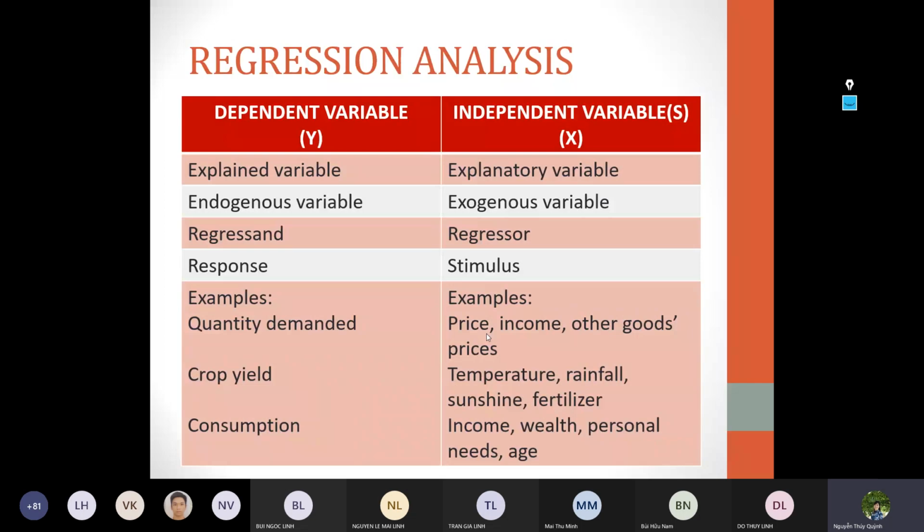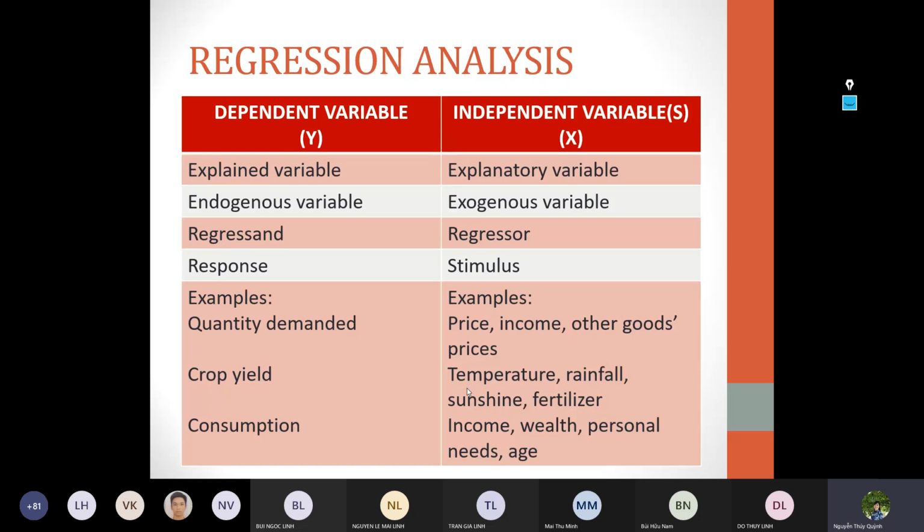Okay, if you want to explain the value of crop yield, you can use independent variables like the temperature, the level of rainfall, the level of sunshine, and the volume of fertilizers used for the crop.